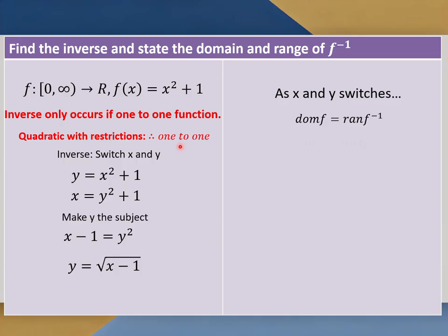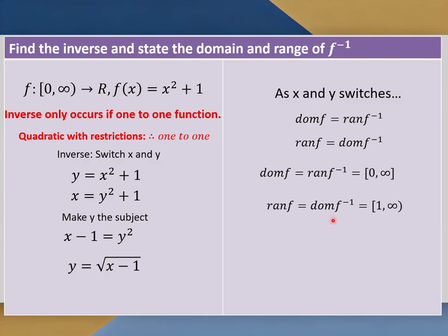Likewise, the range of my function turns into the domain of my inverse. So we already know our domain is 0 to infinity, so that will be the range of my inverse. Since this is my turning point, I can substitute 0 in, and I'm going to get 1. So this gives me a range of my function of 1 to infinity, and that becomes the domain of my inverse.